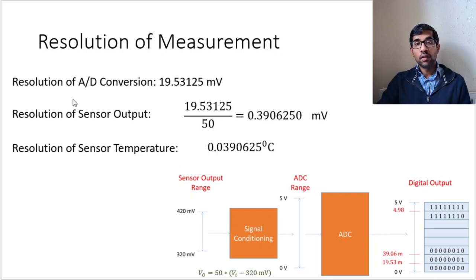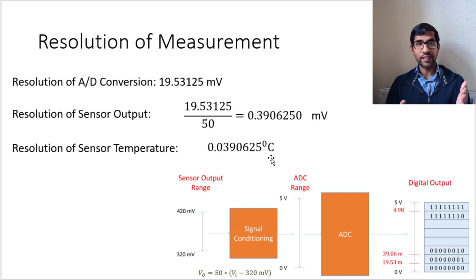So the resolution of our analog to digital converter, we said, was approximately 19.5 millivolts, right? So the resolution of the sensor output here that we are measuring is what? It's 50 times lower than that because we have amplified it 50 times. So you are measuring 0.39 millivolts approximately. And that corresponds to how many degrees Celsius? It corresponds to 0.03 degrees Celsius approximately, or 0.04 degrees Celsius, right?